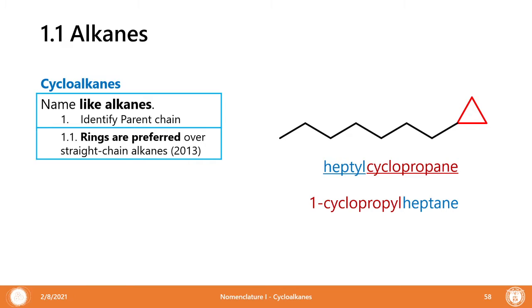But again, if you decided to write the straight chain alkane as the parent chain, it's still an acceptable systematic name, but it is not the official IUPAC name. So if you want to stick to the official IUPAC systematic name, rings should be preferred. Okay, so that's the preferred IUPAC name.